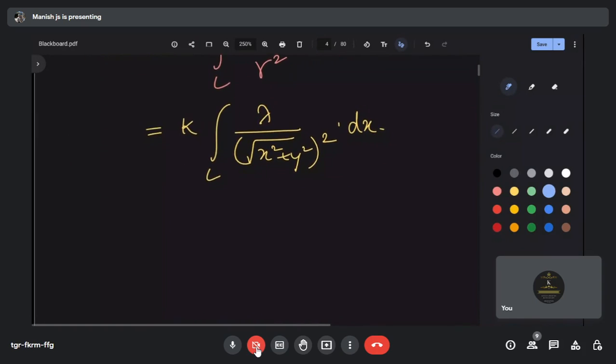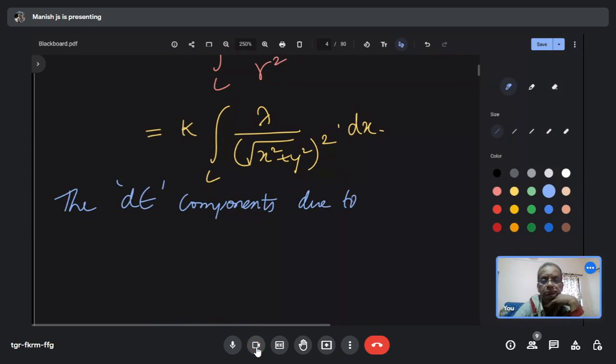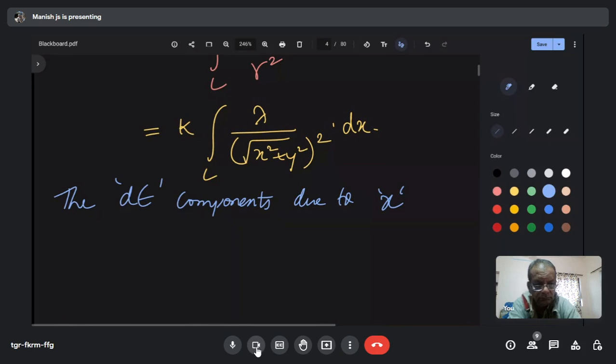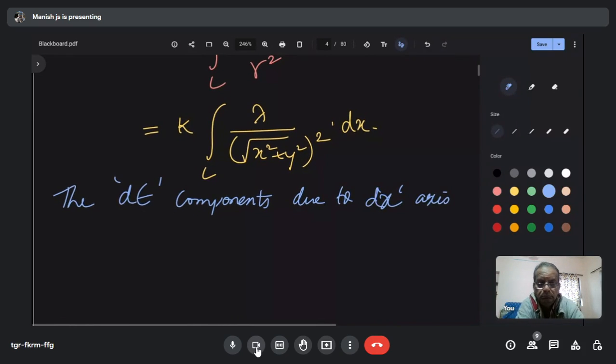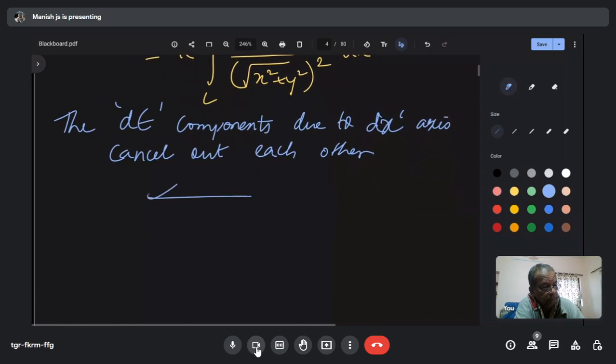So you move on and substitute the electric field components, the dE components due to the x-axis. The dE components due to dx cancel out each other. This dE and this dE would get cancelled out.